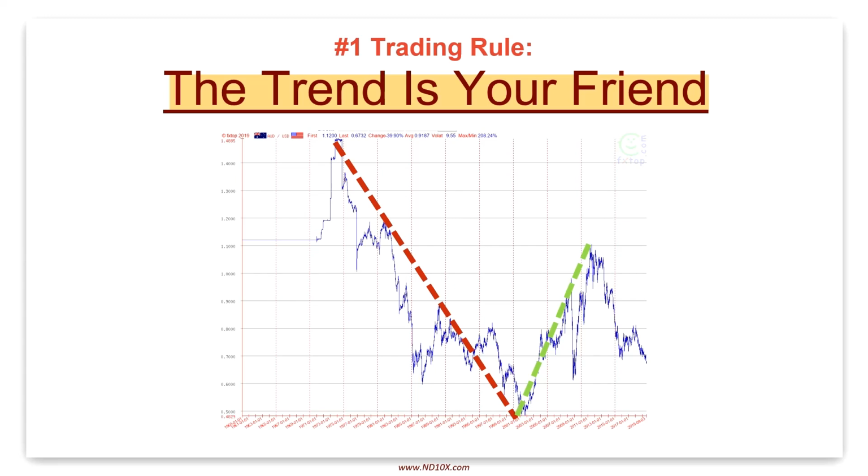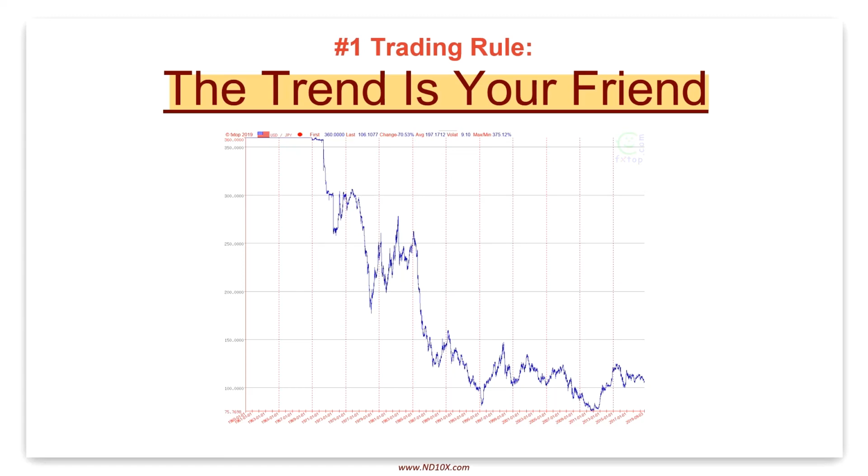And now we are again back to that bearish move. So of course, it's much smarter to trade to the downside in the Aussie dollar if you want to follow that rule, that the trend is your friend, instead of trying to pick the bottom and trade to the upside. Just because you never know when the trend is going to end. At least you won't know that part at the beginning of your trading career.